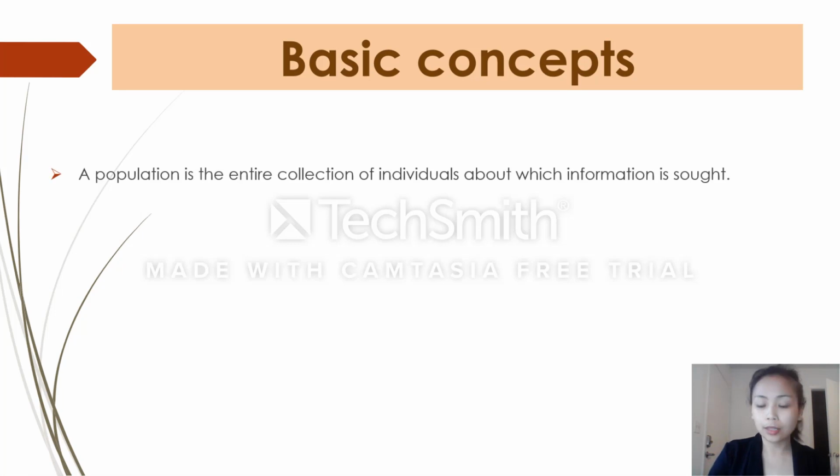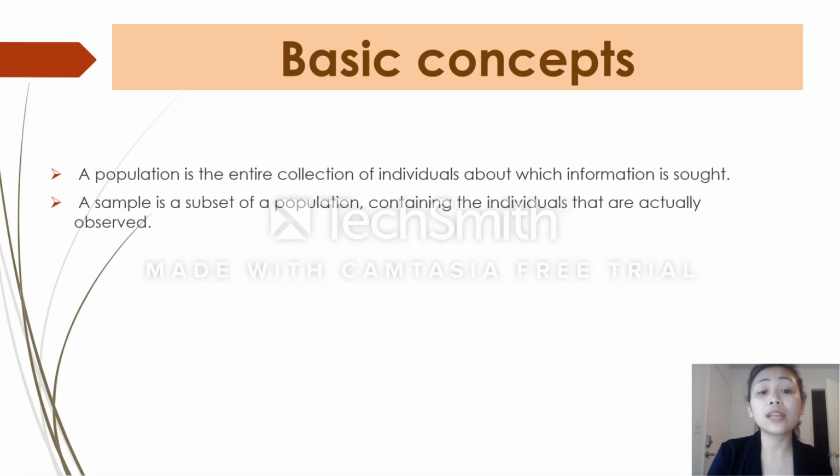So let's go over the basic concepts. Here, just as in the first example, a population is the entire collection of individuals about which information is sought. A sample is a subset of a population containing the individuals that are actually observed.